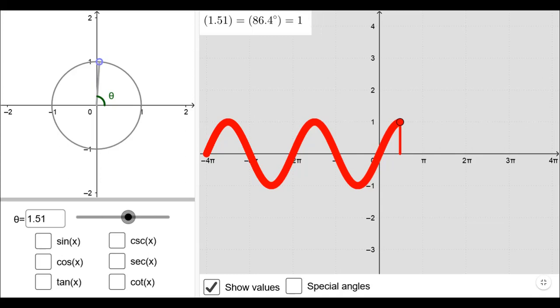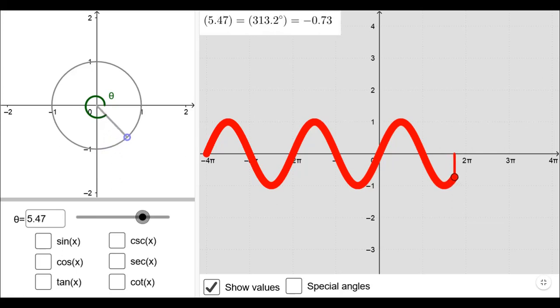And sin pi by 2 is 1. It continues like this. As we further increase the angle, the sine function decreases, and it is equal to minus 1 when it is 3 pi by 2.